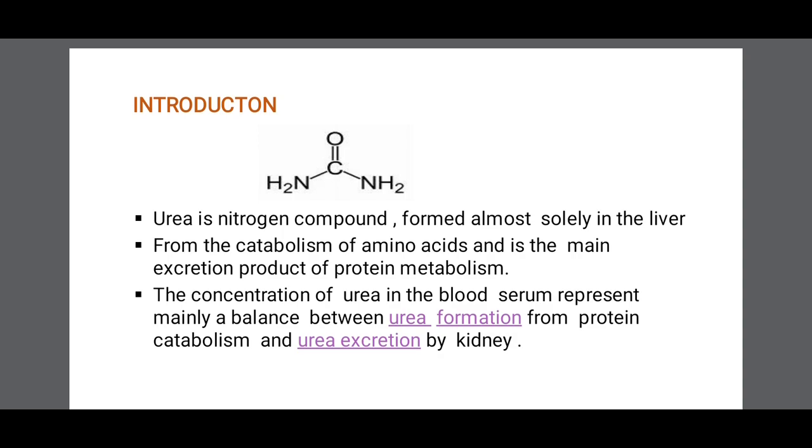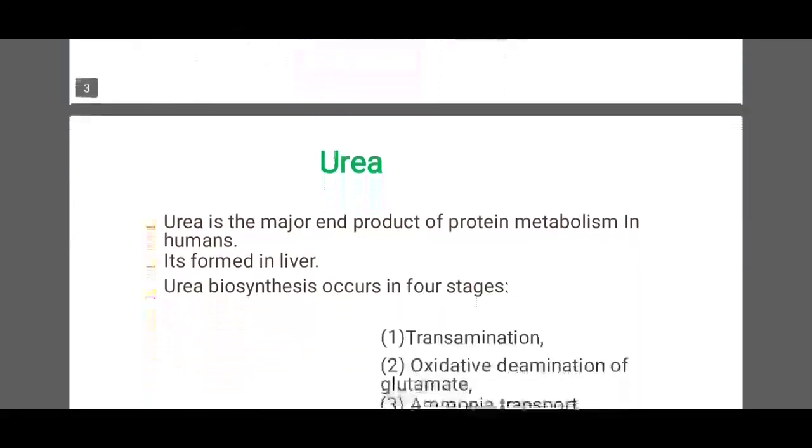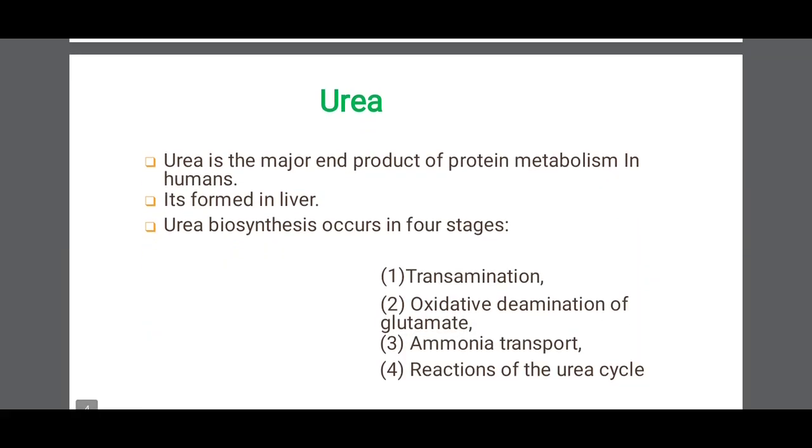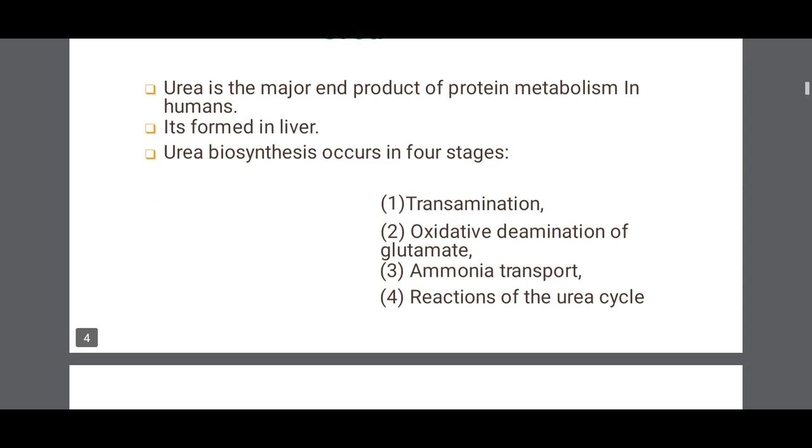The concentration of urea in the serum represents mainly the balance between the formation of urea and the excretion of urea by the kidney. Urea is the major end product of protein metabolism in humans, formed in the liver. The synthesis of urea occurs in 4 stages: transamination, oxidative deamination of glutamate, ammonia transport, and the reactions of the urea cycle.